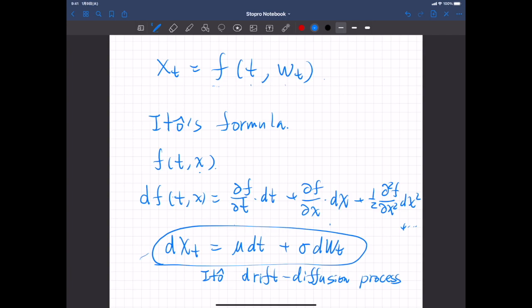It has a drift term here and the Wiener process here. So formally, let's replace all the dx's here and here. This one and this one. This is dx squared actually with this.